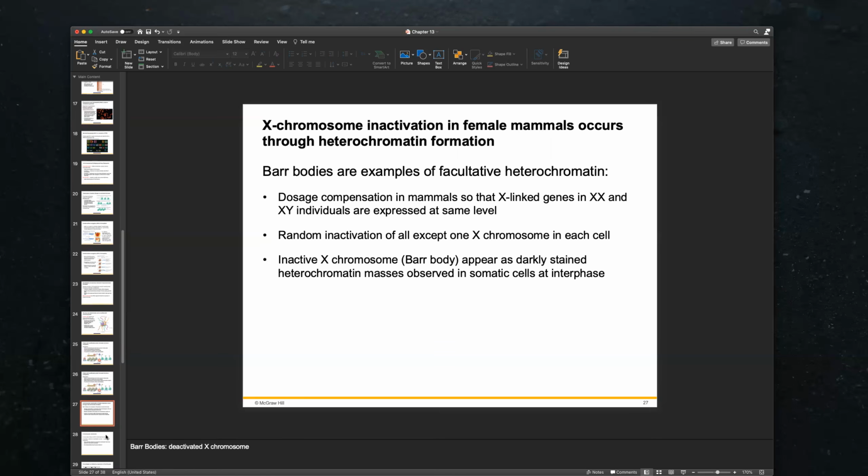So this only happens with somatic cells, not with sex cells, because with a sex cell you can't have it inactivated, but just in regular cells.